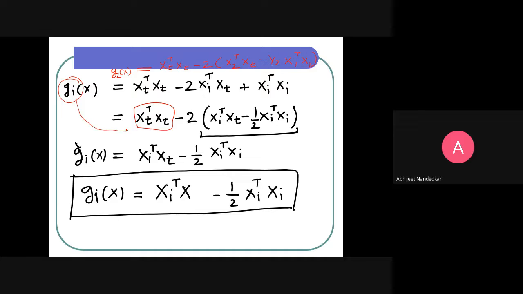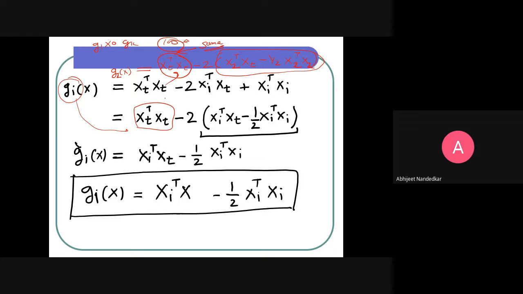This becomes 2, this becomes 2, this becomes 2. This first term remains the same throughout. From g1 to gk, this will not change. Suppose this is some 100, then this will remain 100. Whatever the other calculations in this bracket, this first calculation remains the same. This is the norm square of the test sample, and the test sample is fixed, so this won't change for a given test sample.